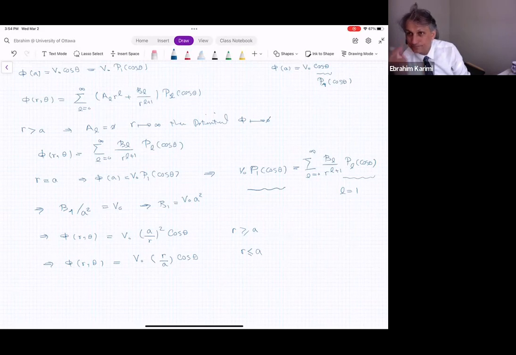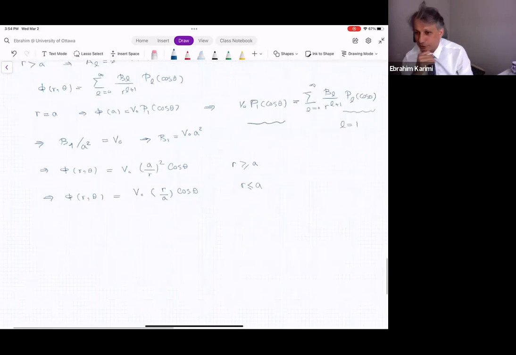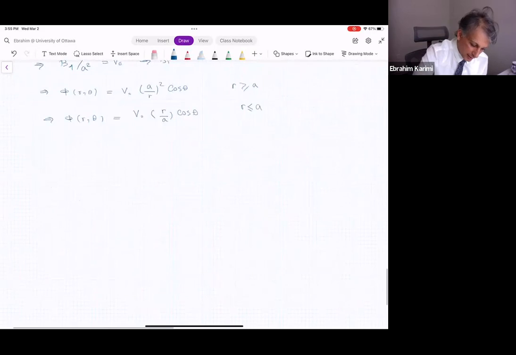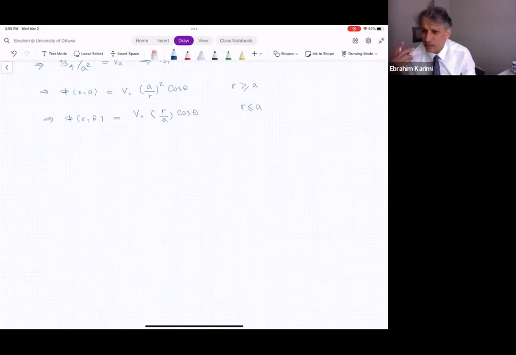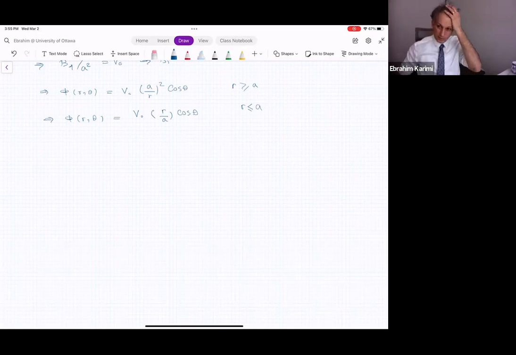Clear? Perfect. I can also give you a more complicated situation. I can give you the potential on the surface, or I can give you even the charge density, guys. Because from the charge density you can look at the derivative of the potential, right? That's the boundary condition you have to apply.